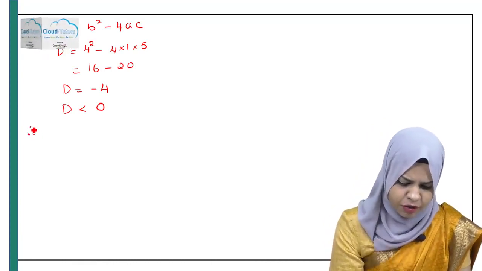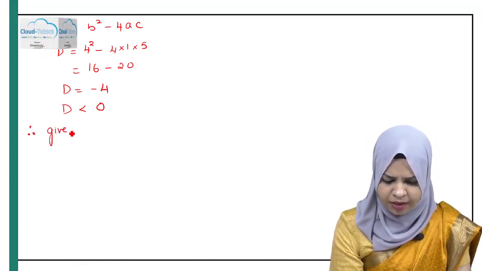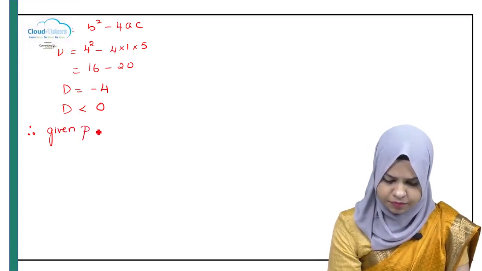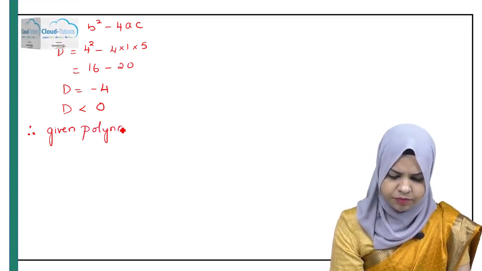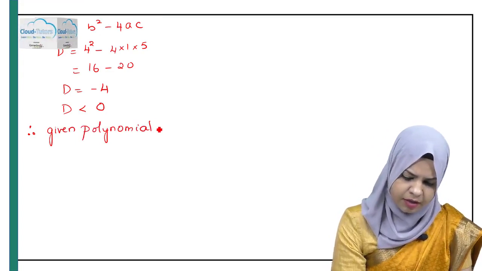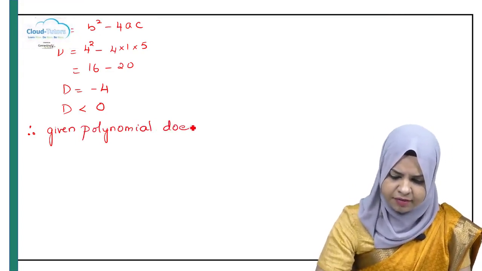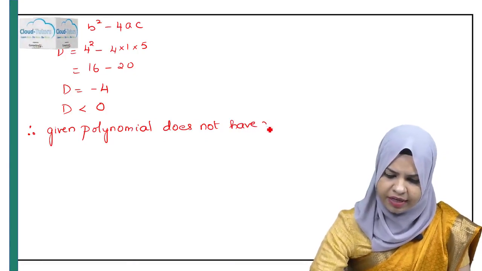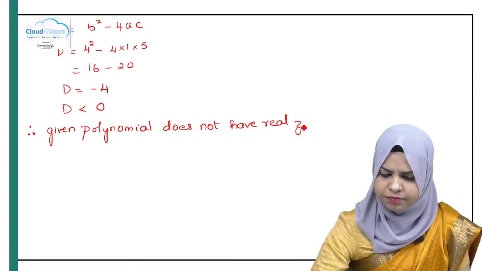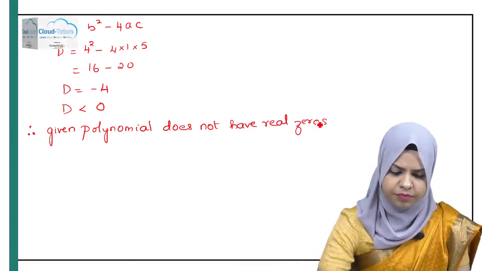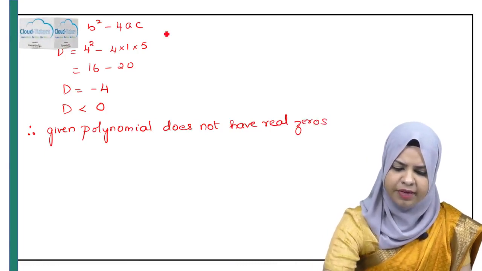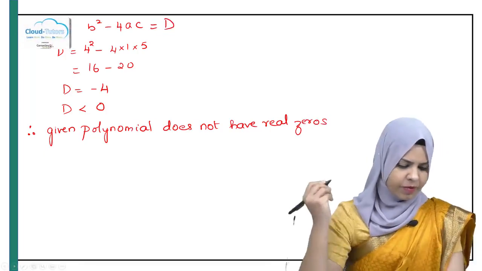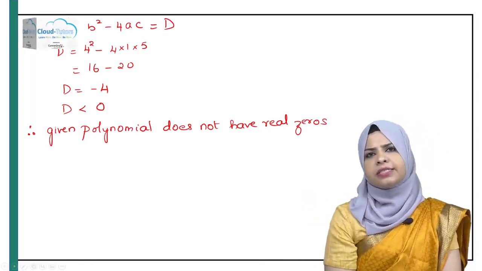So therefore, the given polynomial does not have real zeros. Let me write this. This is equal to d here. Okay, does not have real zeros.